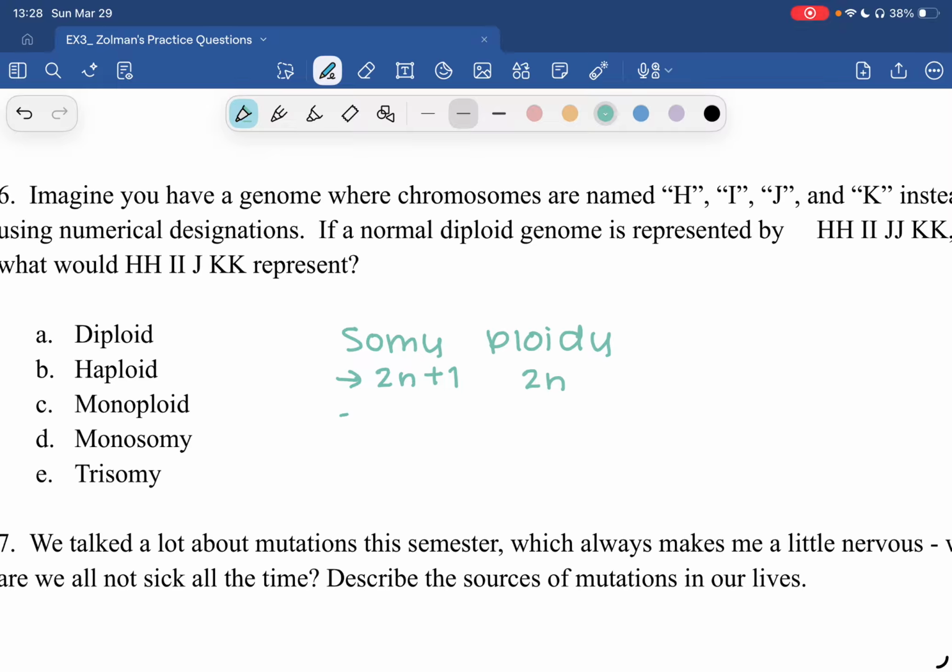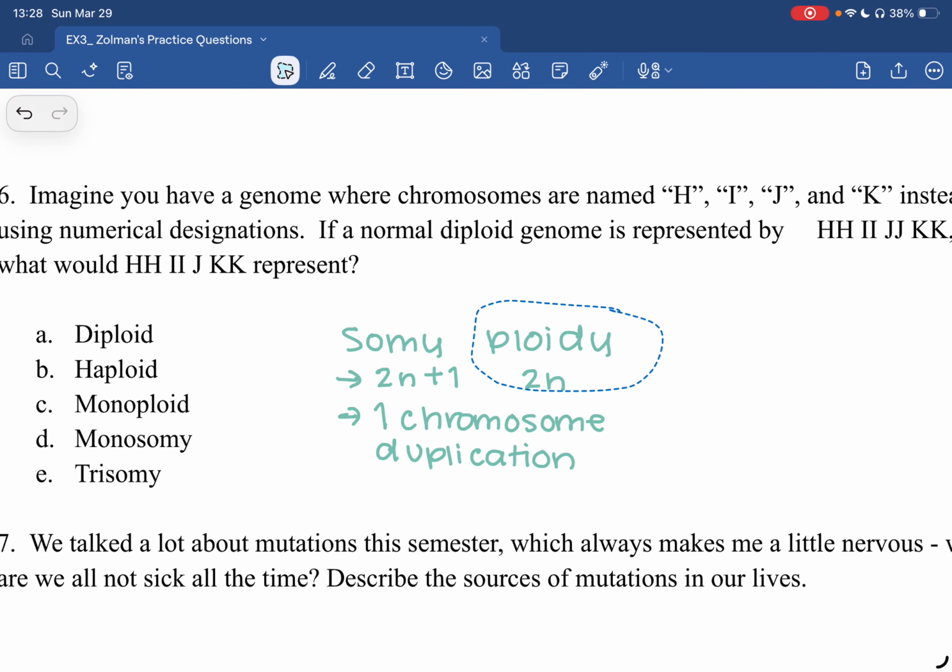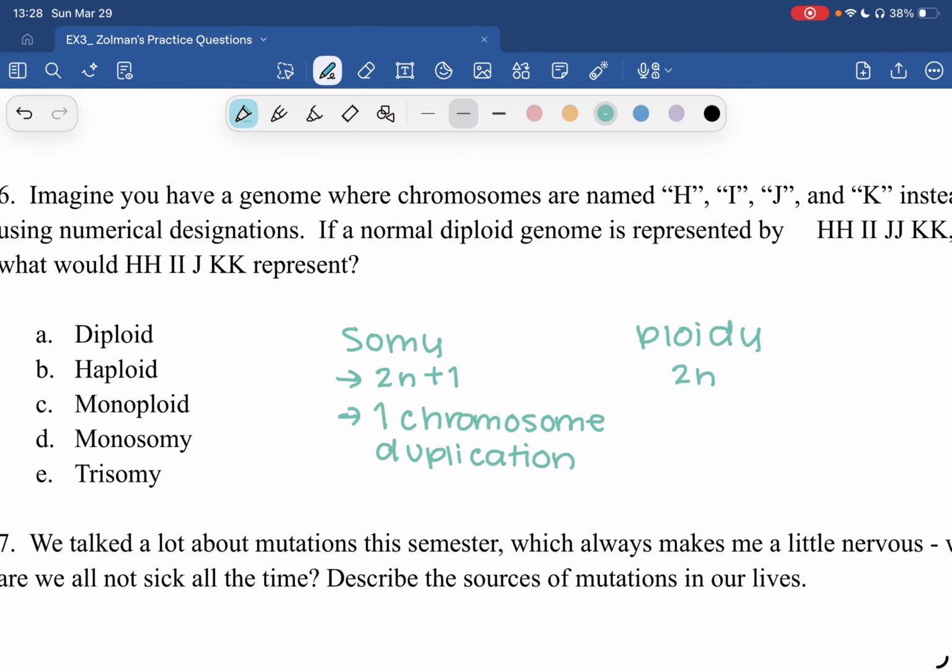So in somy, only one chromosome is duplicated. Whereas in ploidy, the entire genome, or all of the chromosomes, are duplicated or impacted.